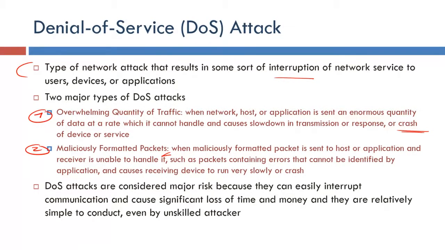So it would take a lot of time to handle a single request. If it's busy doing that, then it's not serving the legitimate customers, and you have a denial of service. Denial of service means that a legitimate user cannot access the website, the network, the application, whatever, okay?